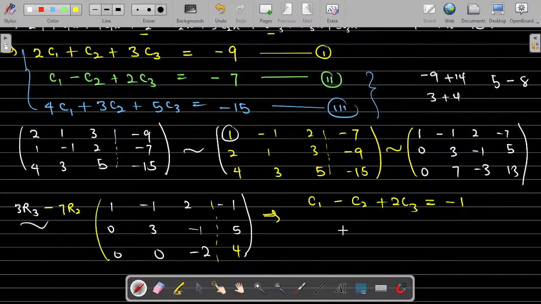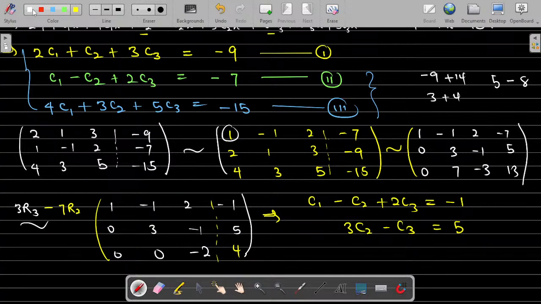Then the next one, this will be 0, so you start only from C2. So 3C2 minus C3 will be equal to 5. And finally, on this row, C1 and C2 will be 0, so I only have C3. Meanwhile, remember you can divide through here by minus 2, so that this turns to 1.